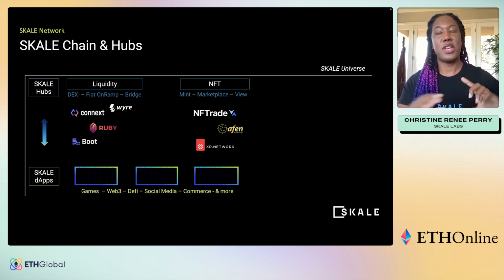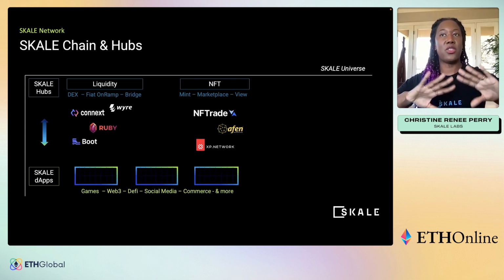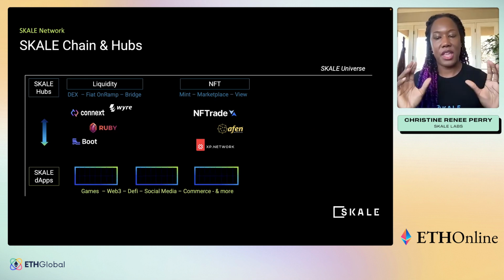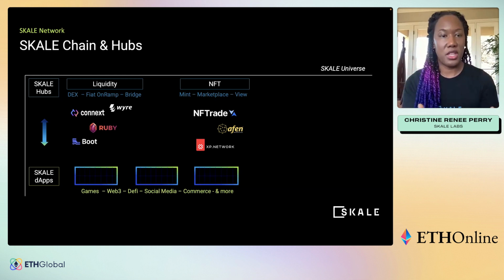But because the multi-chain network was thought of from the beginning as applications that work in synergy with each other, we do have applications that sit in between all of these that allow them to easily transfer data, assets, and tokens, not just between Ethereum and the SKALE chain, but also from SKALE chain to SKALE chain.